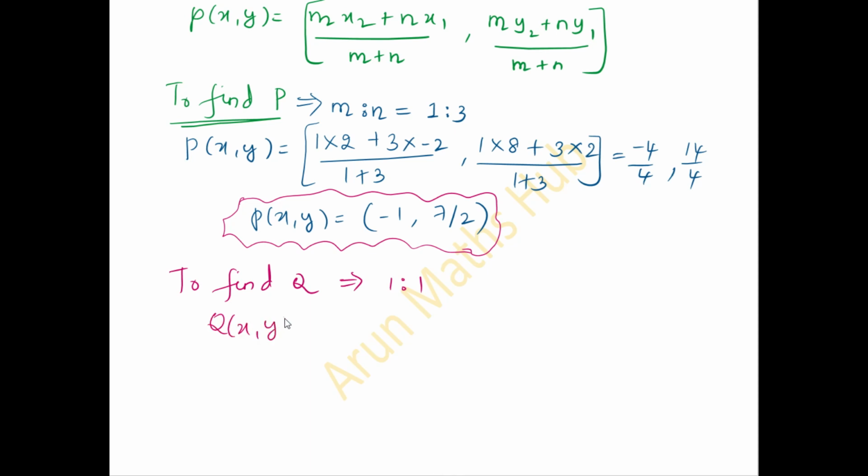Q of x comma y equals (x2 plus x1) by 2, then (y2 plus y1) by 2, that is minus 2 plus 2 by 2 comma, minus 2 plus 2 is 0 by 2 is 0, 2 plus 8 is 10 by 2 is 5. Therefore, the point Q is 0 comma 5.